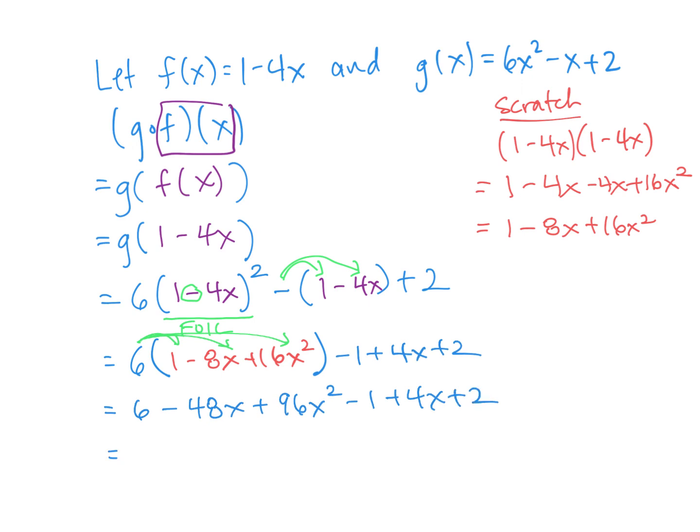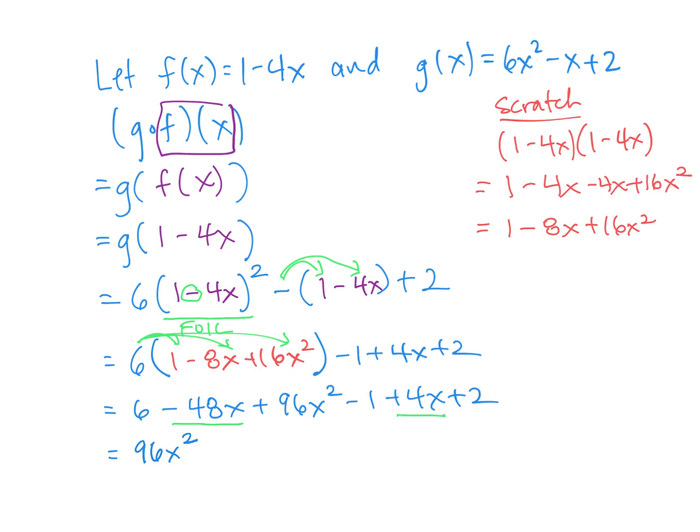Let's combine like terms. For no reason other than I'm just a classically trained person, I'm going to start with my x squareds and then work my way down. So I've got x squareds here. Do I have any other x squareds? No. So I start with my 96x squareds. Then I look for my x terms. I've got minus 48x is there, plus 4x is there.